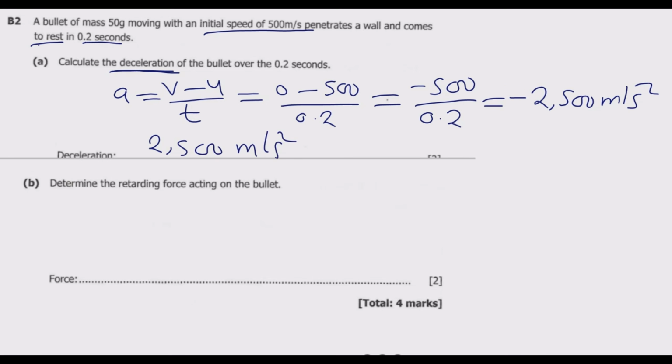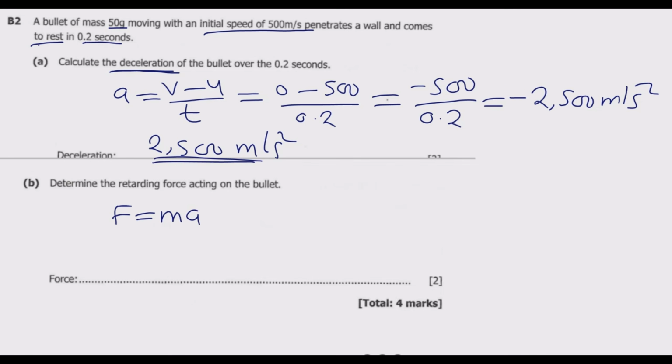So we go to B, determine the retarding force acting on the bullet. This is the force which is stopping the bullet. We know that force is given by mass times acceleration. We've calculated the acceleration, and we've also been given the mass.